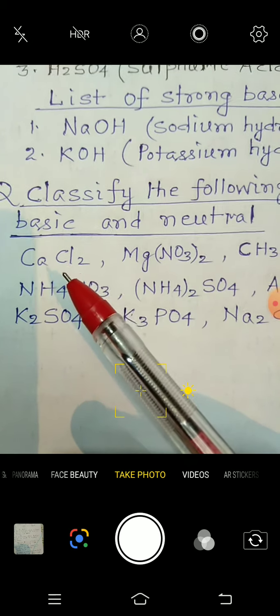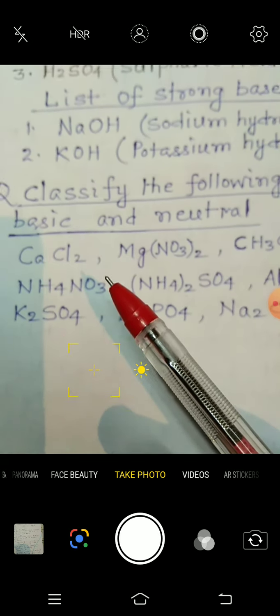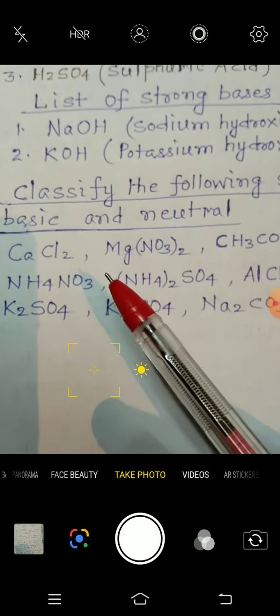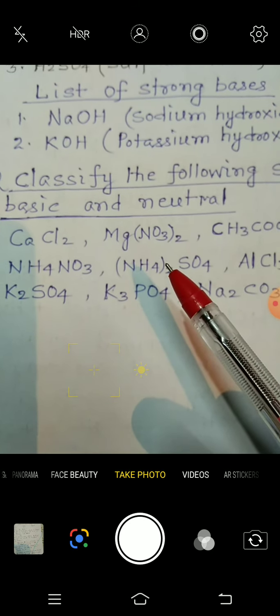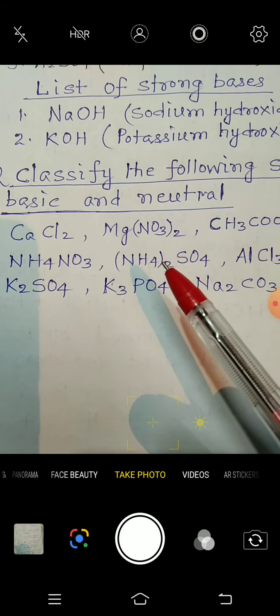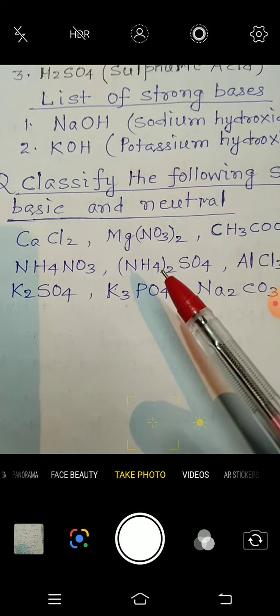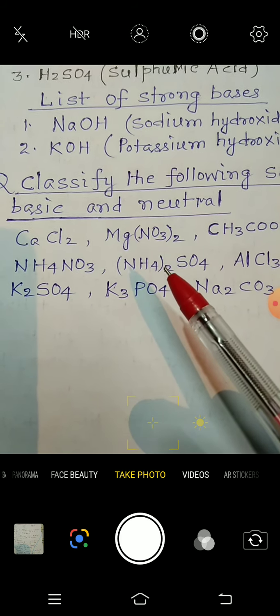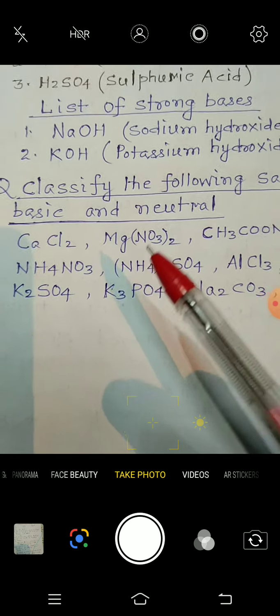You have to do this assignment today, and this is a very easy task. I am sending you the text material also.